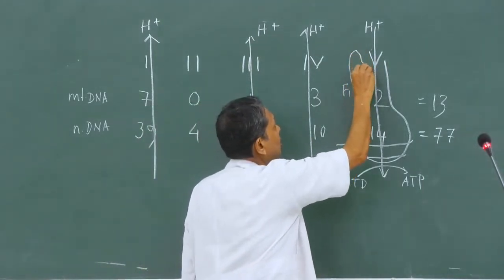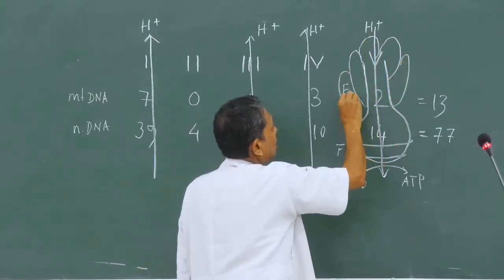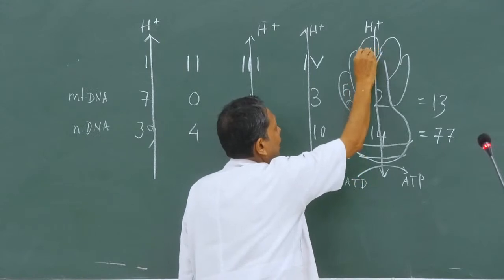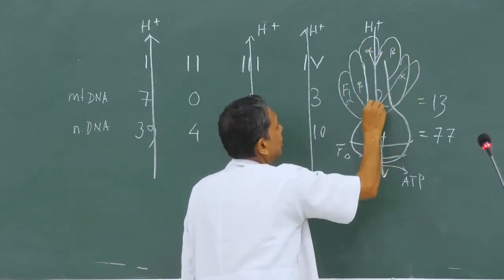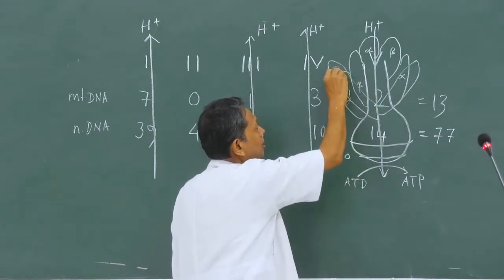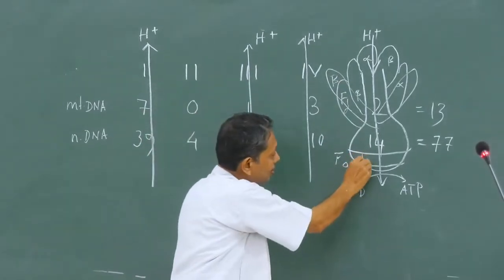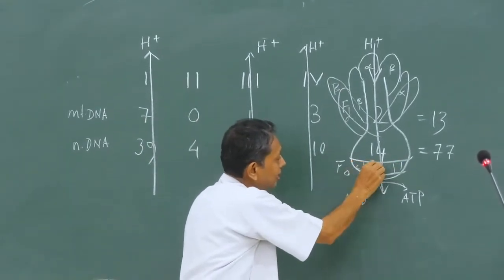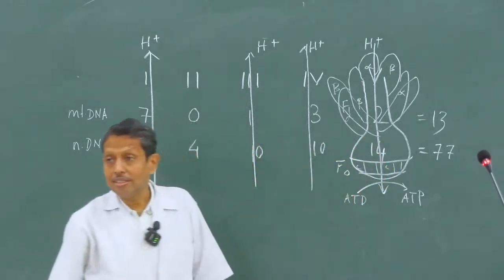In this way, they are disposed. Alpha, beta, alpha this way, that this way. And there is some part in the inner membrane, and it will partially rotate.